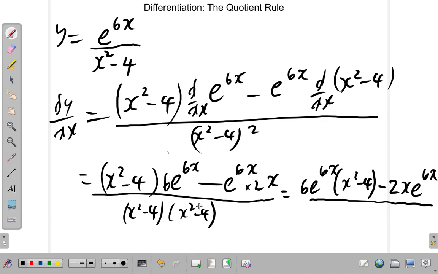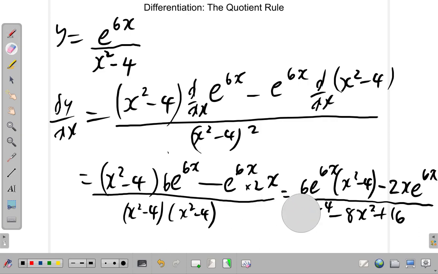Right? So what you will have is x to the 4th minus 4x squared minus 4x squared. That's going to be minus 8x squared plus 16. Right? So that's one way you could finish it off.